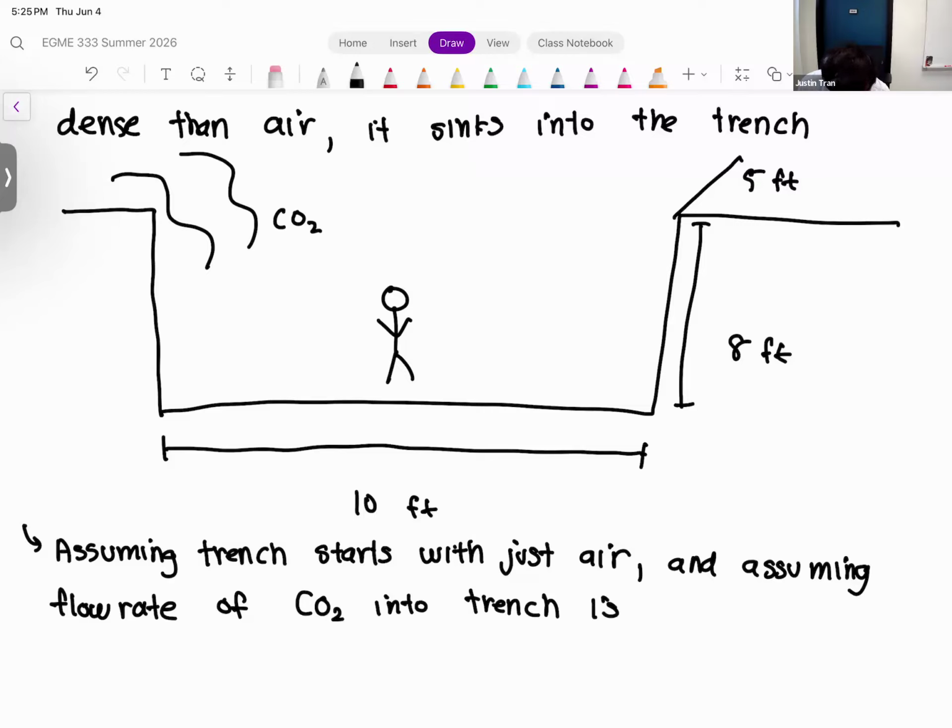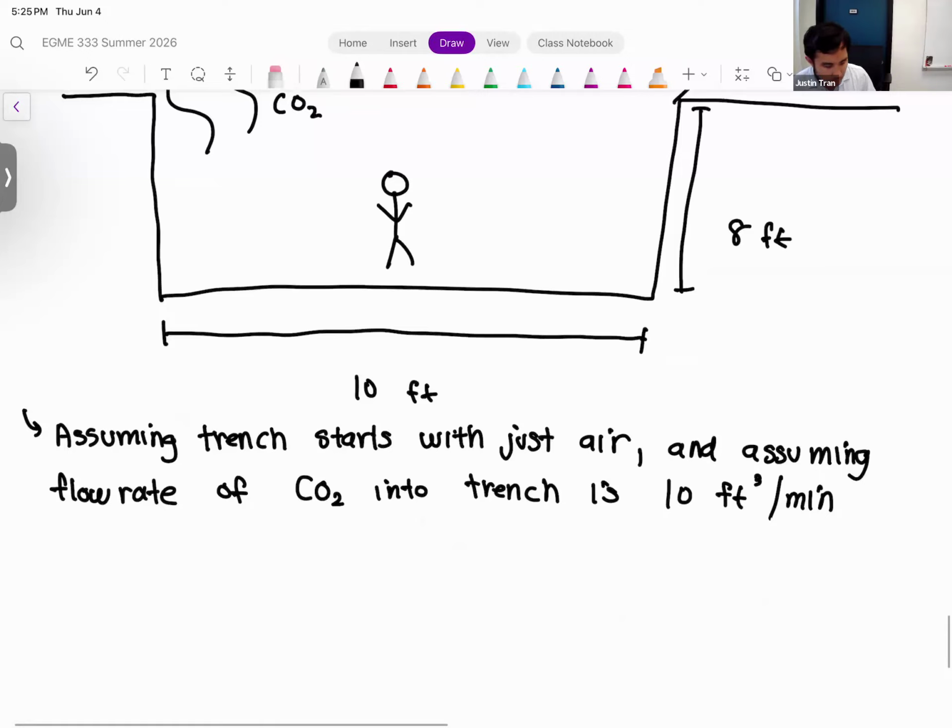Let's assume that flow rate is 10 feet cubed per minute. So a little different than the last problem. This time we actually know the inflow.